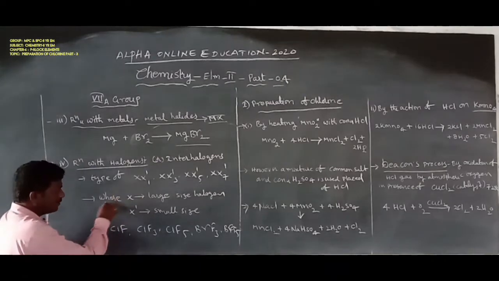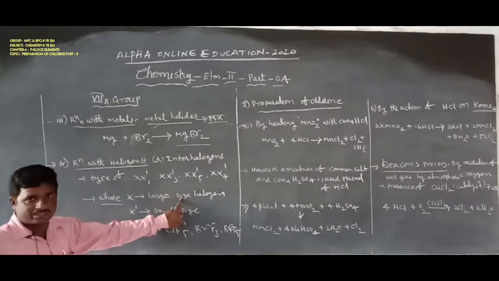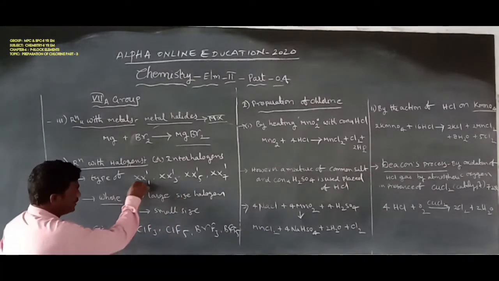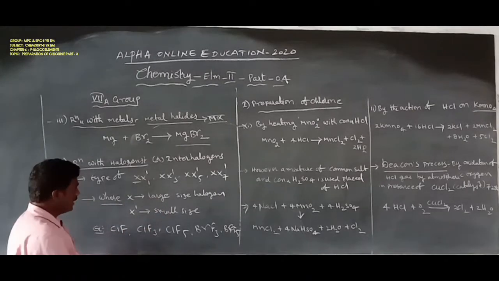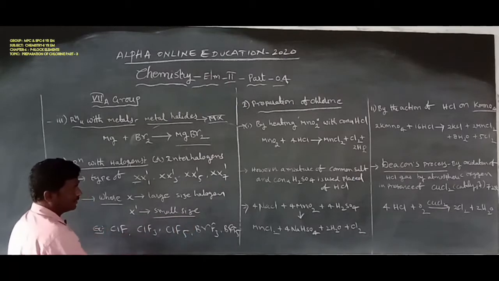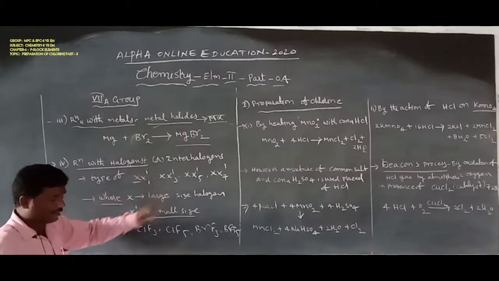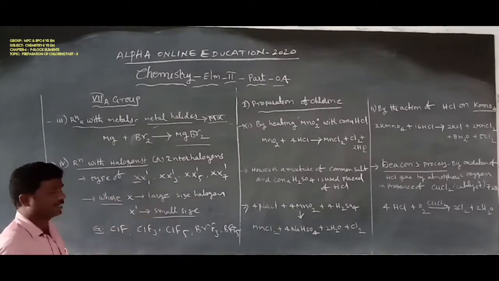Here X is the large size halogen element. The first X is the large atomic size and X dash is the small atomic size. The first one, X, is a halogen element with large atomic size, and the second one, X dash, is a halogen element with small atomic size.